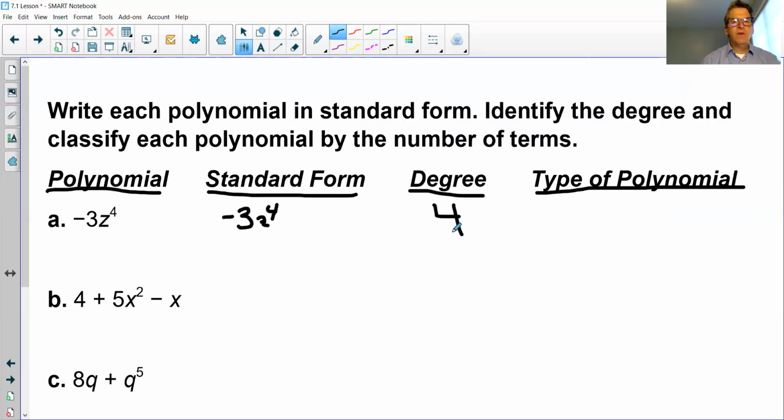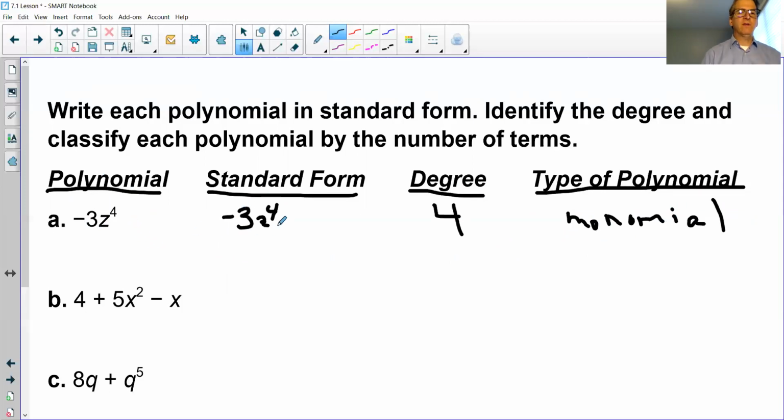The polynomial has a special name, and we learned this in the first slide today. That's called a monomial. So I'll write that down. Monomial. Okay, letter B, a little tougher than the first one. So the first one is a monomial, it has a degree of 4, and standard form is just itself.